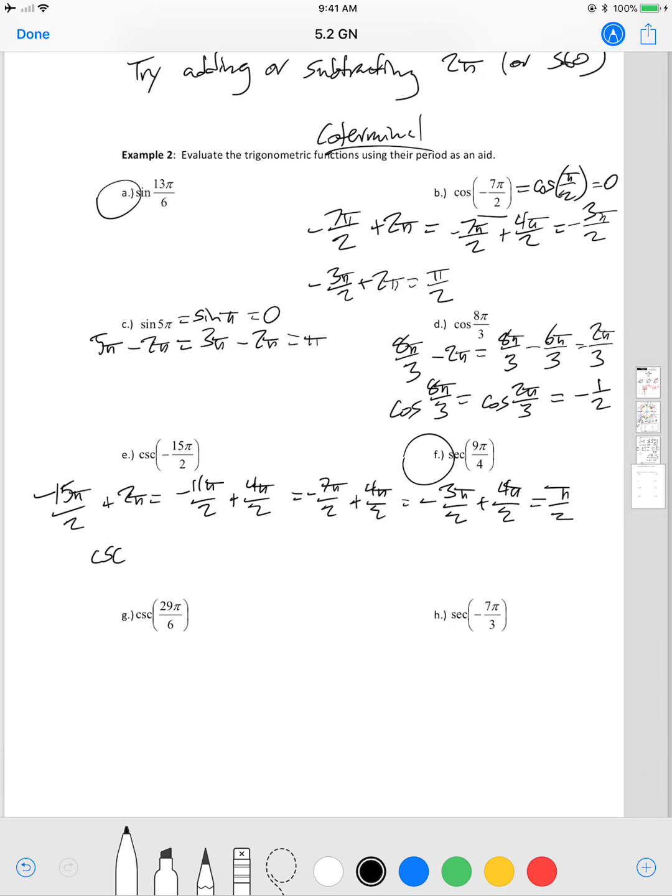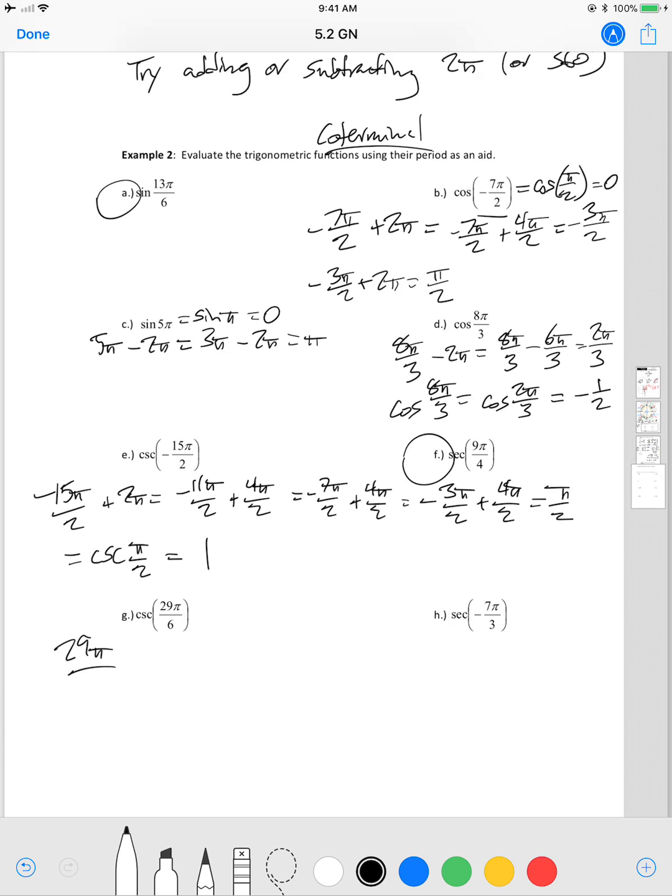So this is really the cosecant of pi over 2. Cosecant is the reciprocal of sine. So at pi over 2, the sine equals 1, and then the reciprocal of 1 is just 1. Seems like a lot of work, I know, for just a simple answer, but sometimes it's worth it. I think it is here.